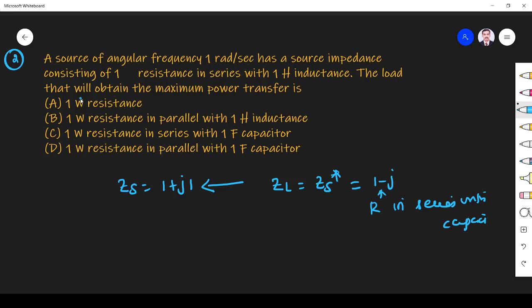So this is not omega, it is ohm, right? 1 ohm resistance in series with 1 farad. So R is equal to 1, and C is equal to 1. So option C is the right answer.